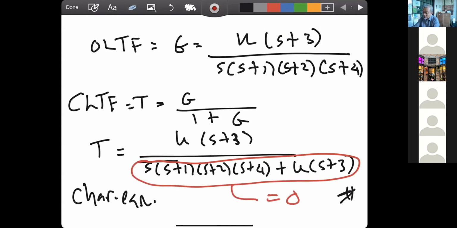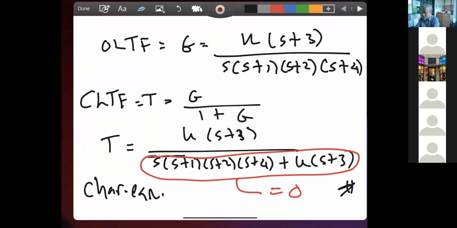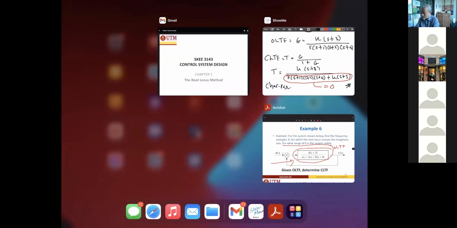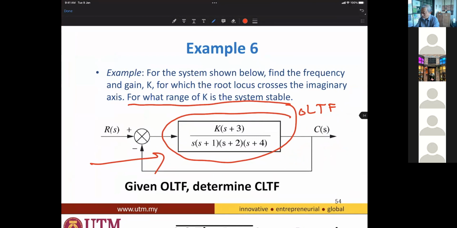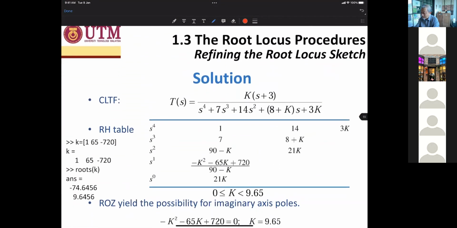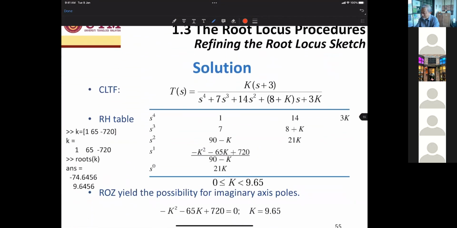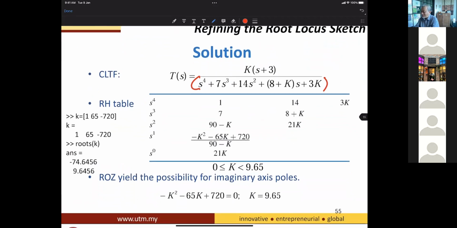Don't forget that. So I take the denominator here equal to 0. But Matthew made our life easy by reading from the notes, page 55, correct? Yes. Okay, never mind, it's okay.